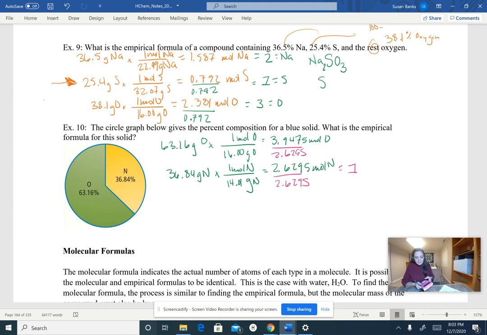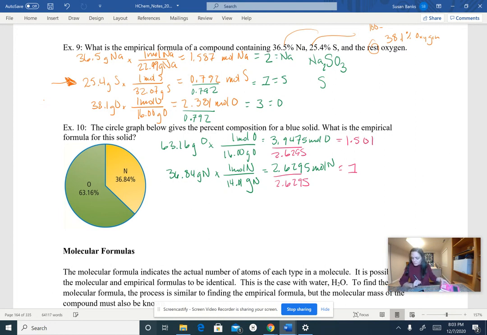So 3.9475 divided by 2.6295 is going to equal 1.5. But that's not even close to a whole number.